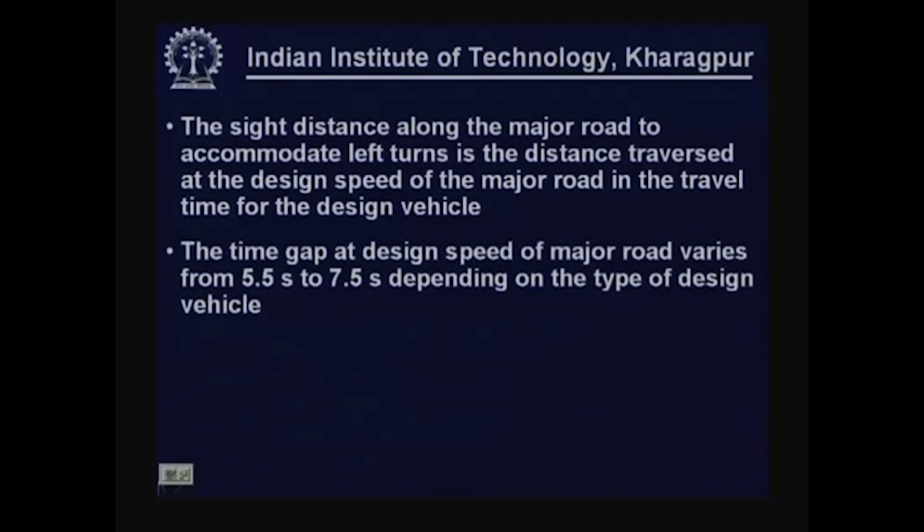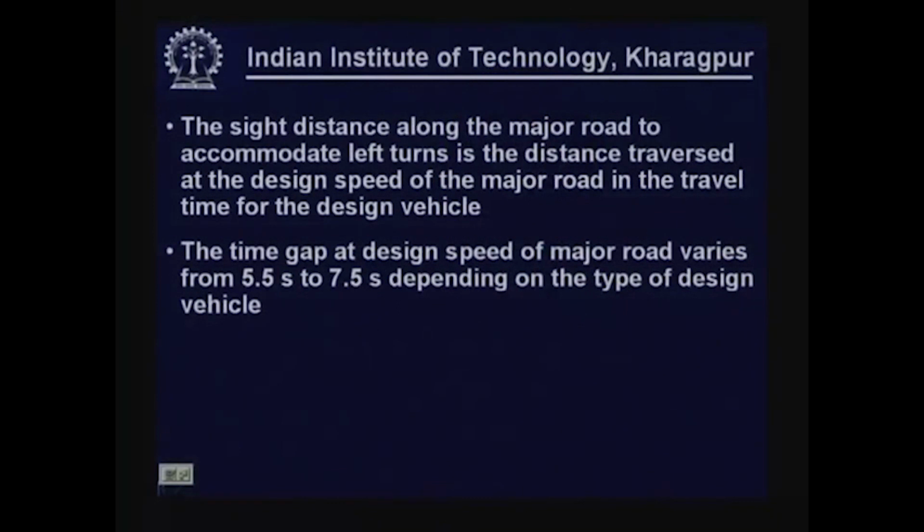Whatever travel time is required for the design vehicle to complete this left turn, and that much time whatever distance is covered by a vehicle which is travelling along the major road at design speed, that will give us the length of the required side distance along the major road.